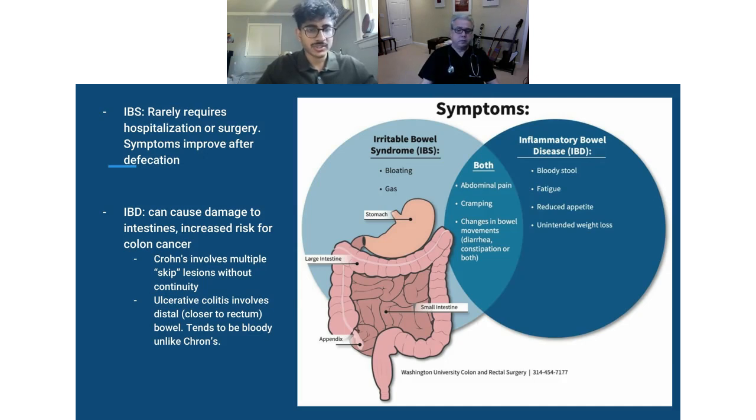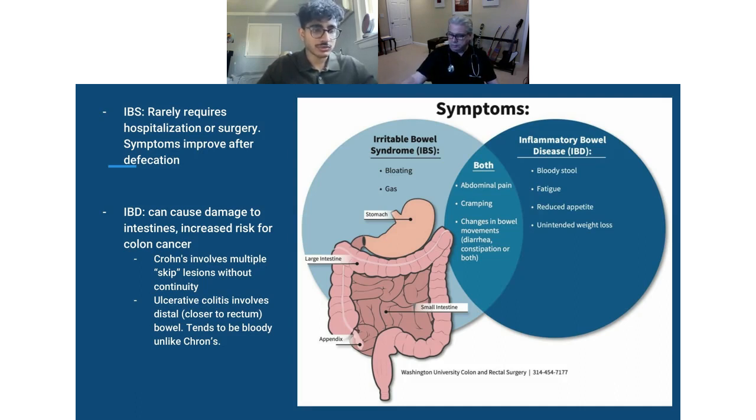And it usually presents as bloating and gas, whereas inflammatory bowel disease presents a little bit more severe and might present with bloody stools, which you usually wouldn't see with IBS. And your child might be fatigued, have a reduced appetite, and unintended weight loss. And with both of them, you'll see abdominal pain, cramping, and bowel movement changes.